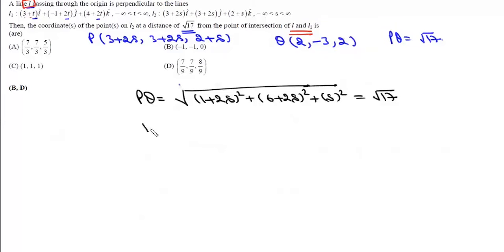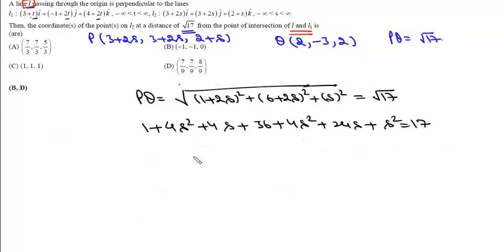Now we square it, we can write 1 plus 4s square plus 4s plus 36 plus 4s square plus 24s plus s square equals 17. So it will be this 9s square. Now this is 4 and 24, plus 28s, and here will be 37 minus 17, which is plus 20 equals 0.